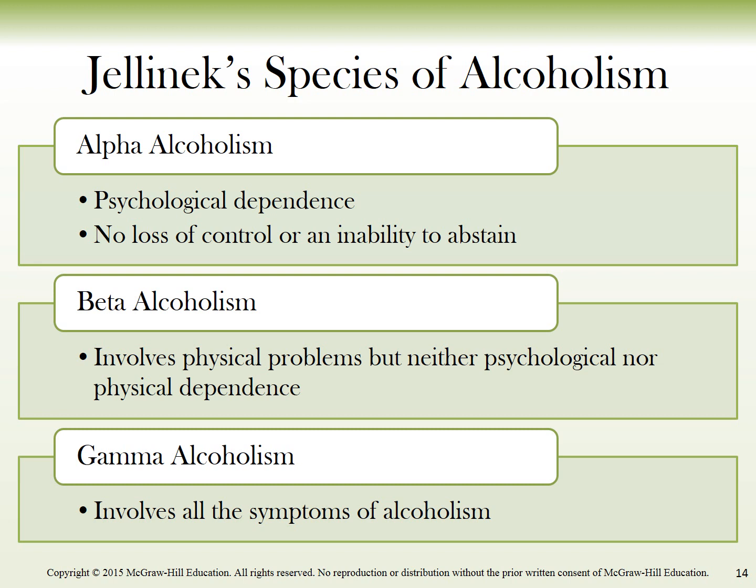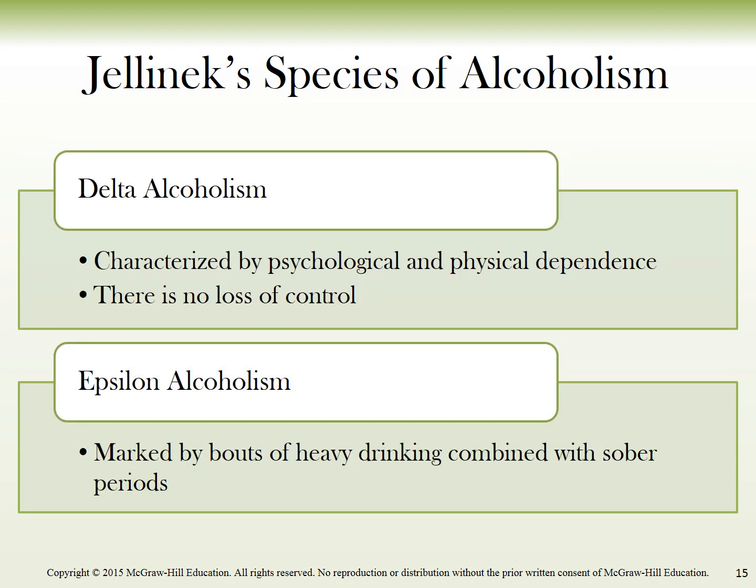On this slide you're going to see the characteristics associated with 3 of his forms of alcoholism: alpha, beta, and gamma. Gamma is really the more classic alcohol use disorder or alcoholism client. But there are some differences. In the next slide, we'll look at a couple other species that he identified, what he called delta and epsilon.